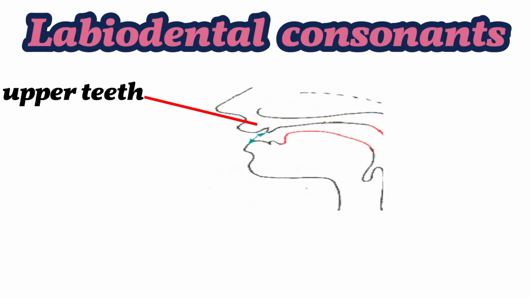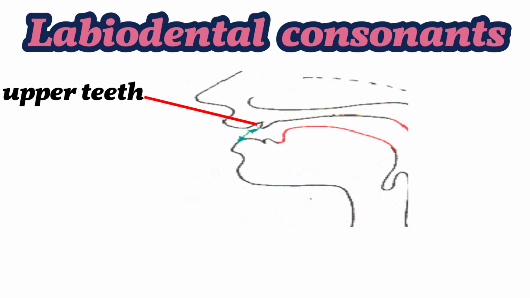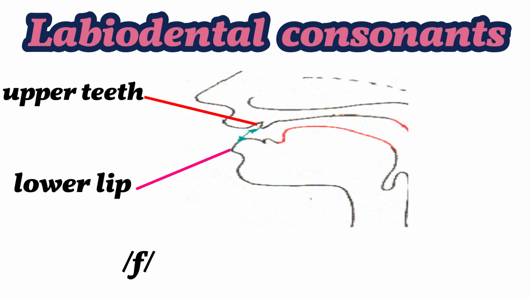Labiodental consonants. Now here, the upper teeth come in articulation with the lower lip, as in F, fine, V, vine.